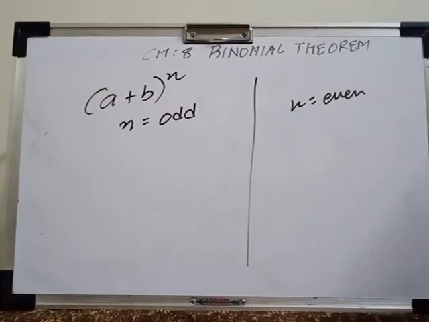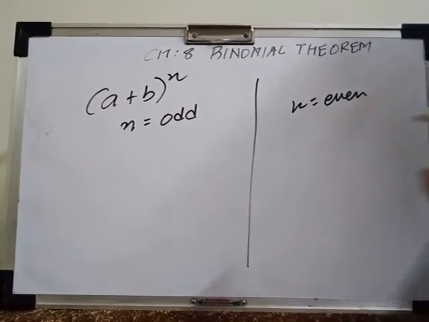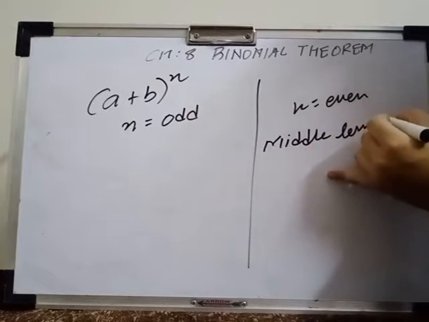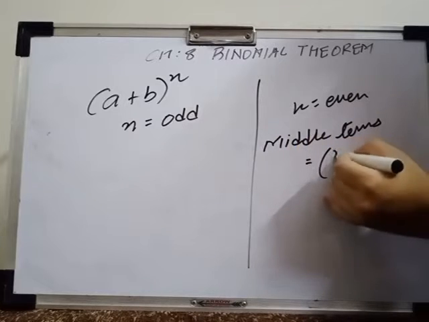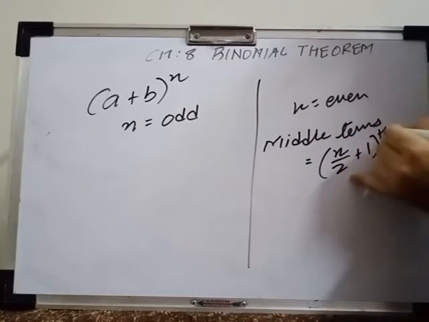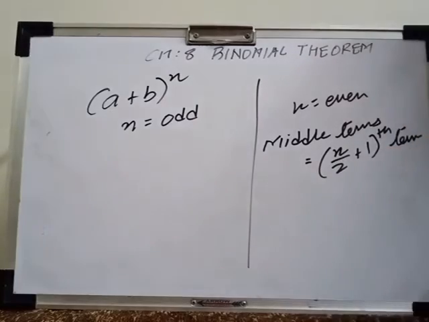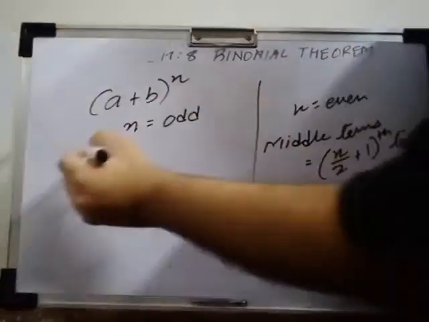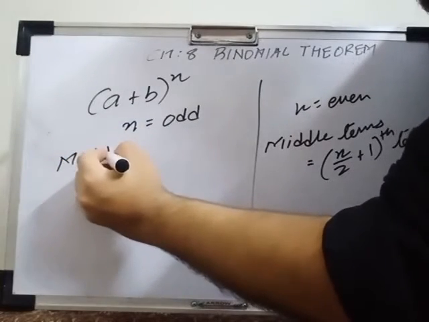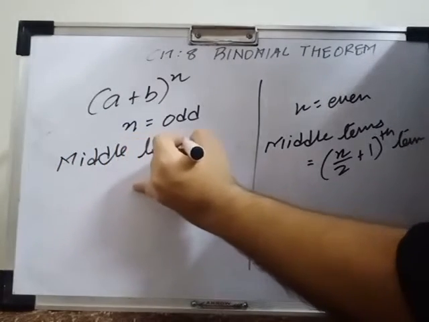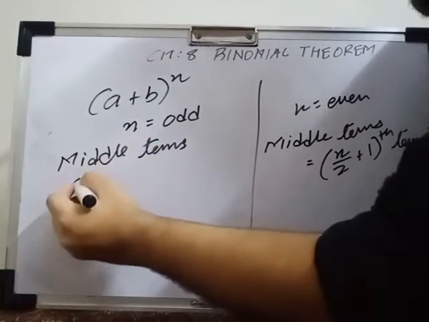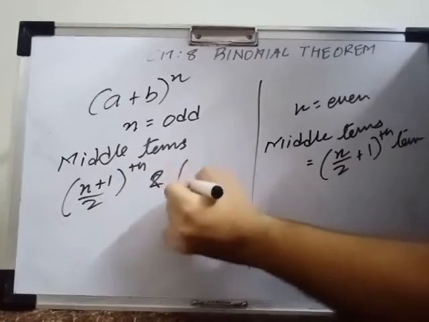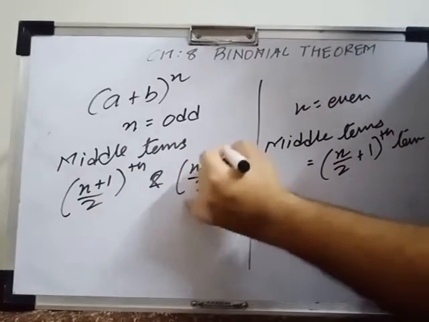If my n is even, then I have only one middle term, whose formula is the n by 2 plus 1th term, right? But if n is odd, then I have 2 middle terms. One is the n plus 1 by 2th term and another is the n plus 3 by 2th term.